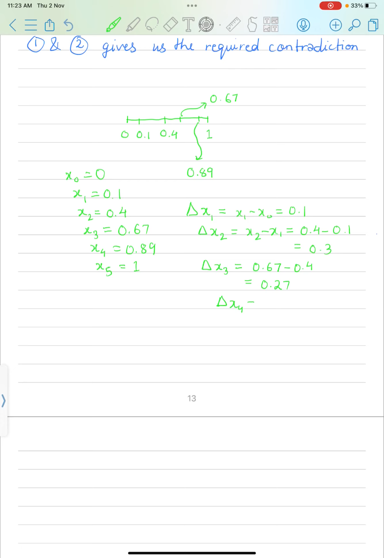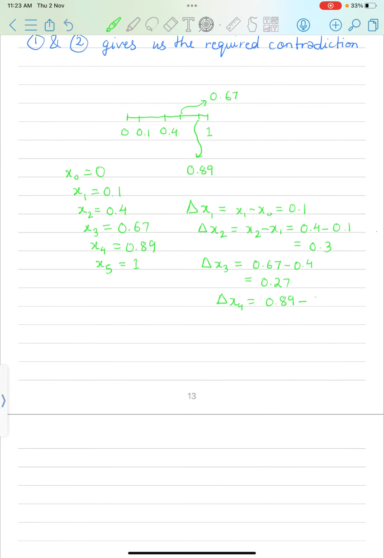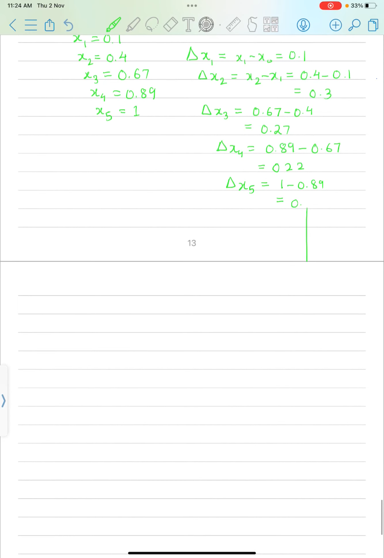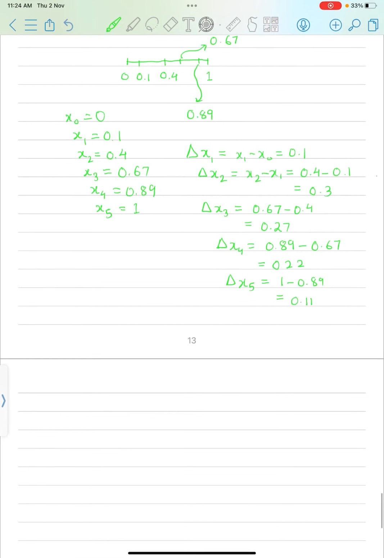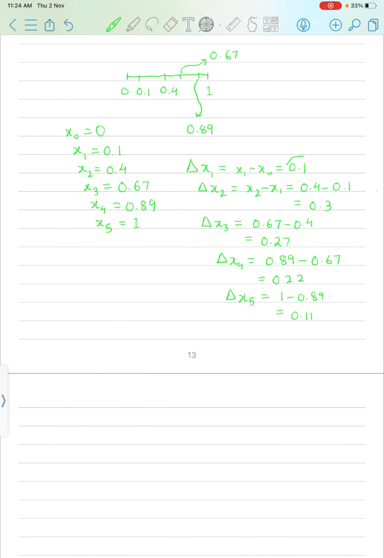Delta x4 is 0.89 minus 0.67, which is 0.22, and delta x5 is 0.11.